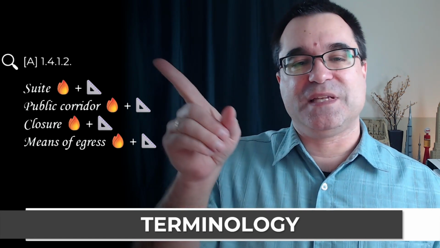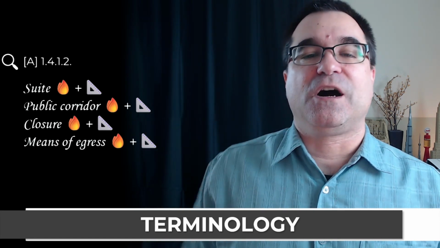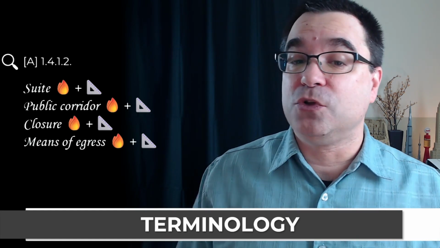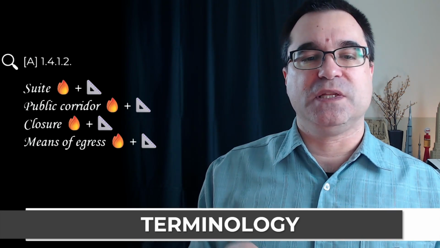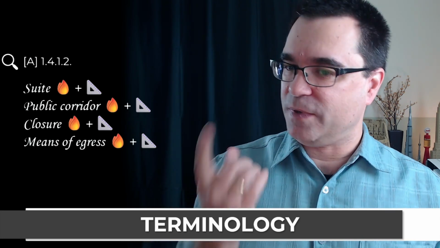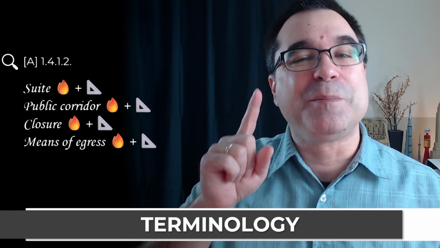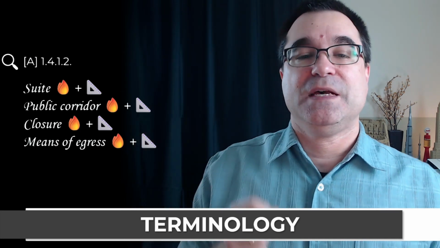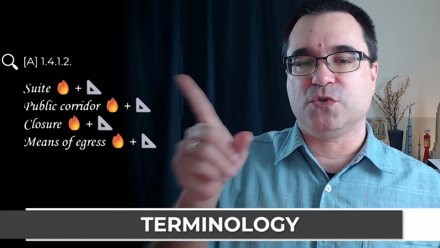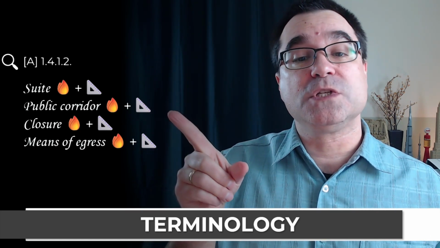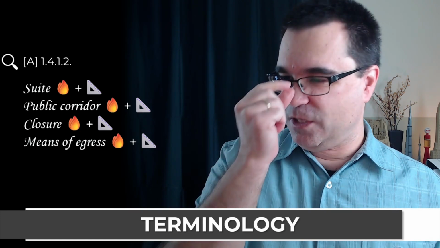That means that under Division A, Article 1.4.1.2, these words have a specific definition used by the Ontario Building Code. Remember from topic 1? These are the items we're going to cover terminology-wise: suites, public corridors, closures, and means of egress.